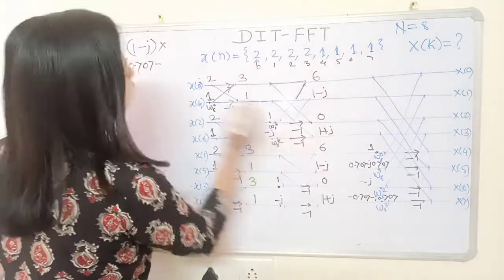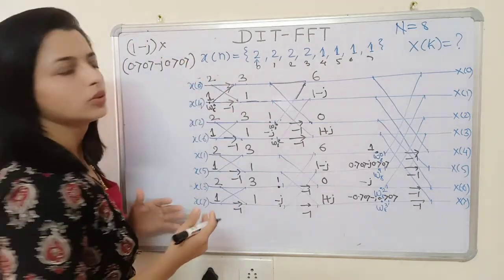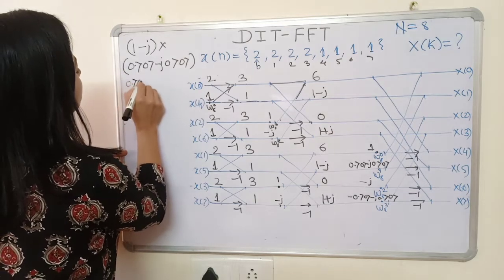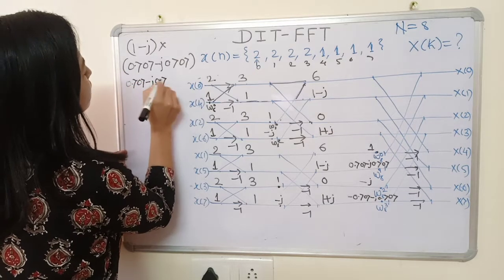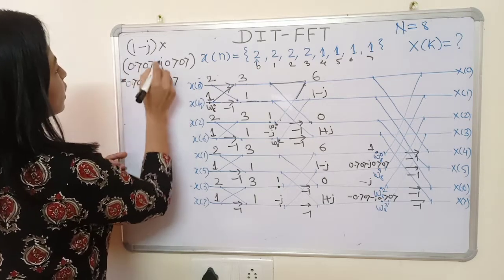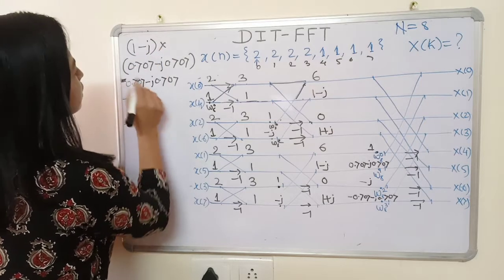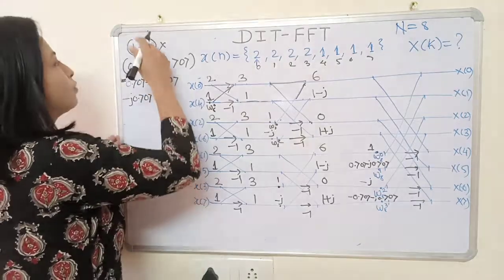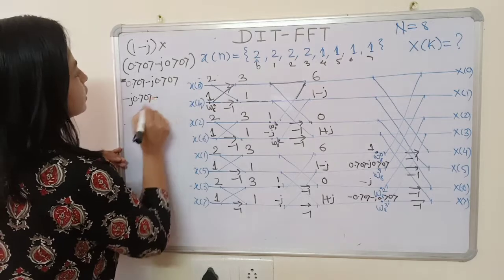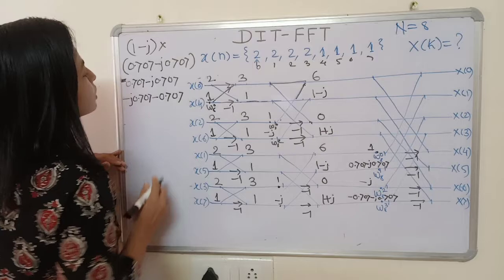0.707 minus j 0.707. Okay, we want to multiply this too. This is easy calculation. So first we'll multiply it by 1. 0.707 minus j 0.707, this is equal to, now I'll multiply it with minus j, 0.707 minus plus, but j square is minus 1, so it will become minus again, so 0.707, so this becomes a real part.